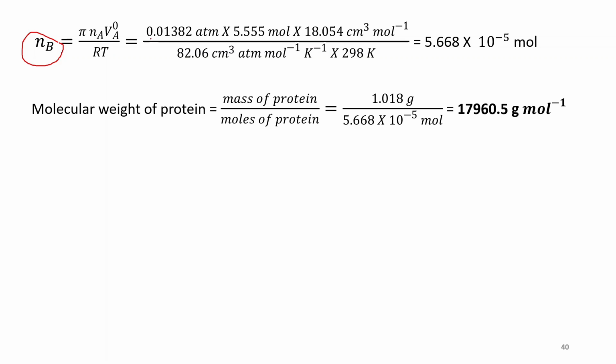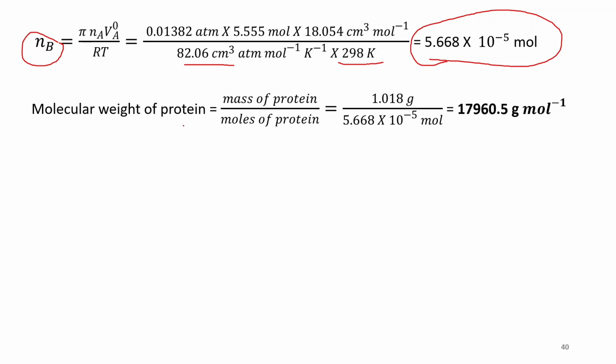We put these values in: 0.01382 multiplied by 5.555 into 18.054. These three values were calculated in the previous slide. Then R is 82.06 centimeter cube atm mole inverse Kelvin inverse, and temperature is 298 Kelvin. When we put these in, we get the moles of the polymer in the solution, which is 5.668 into 10 to the power minus 5 moles.